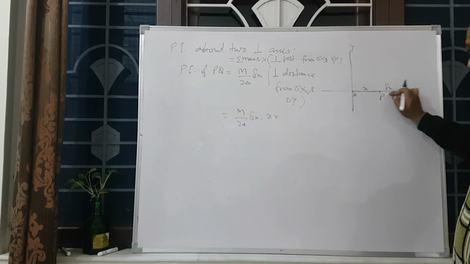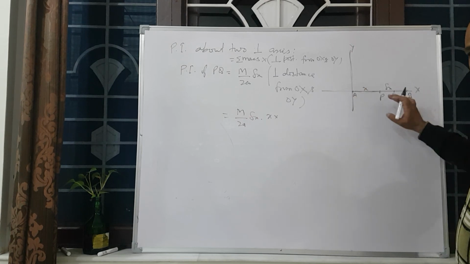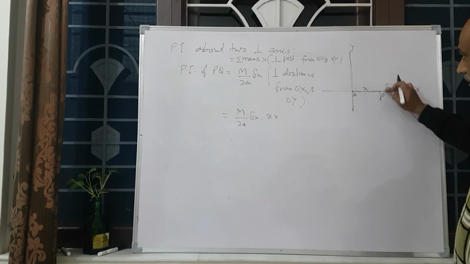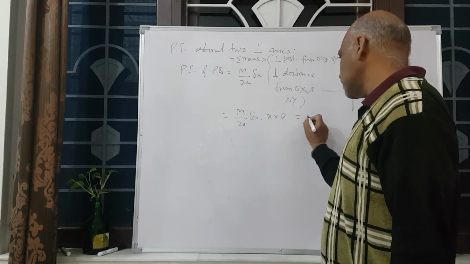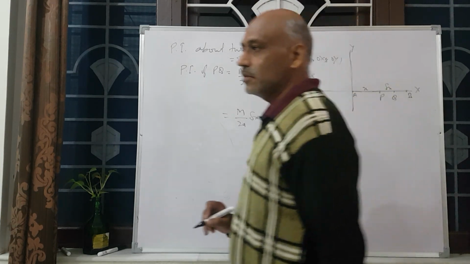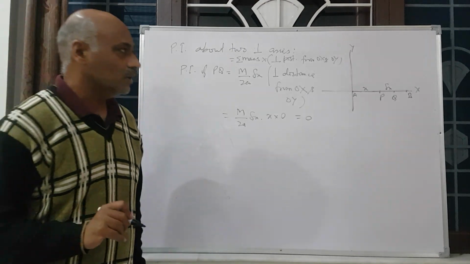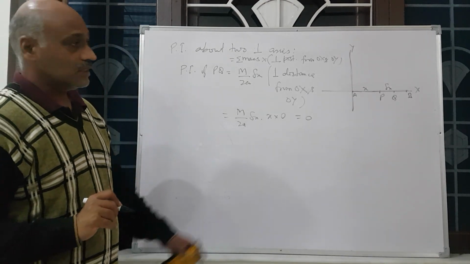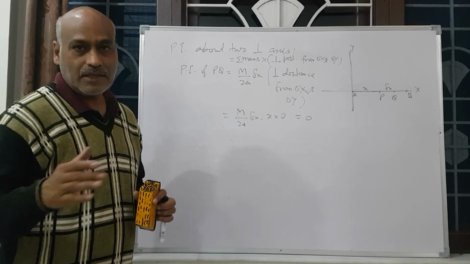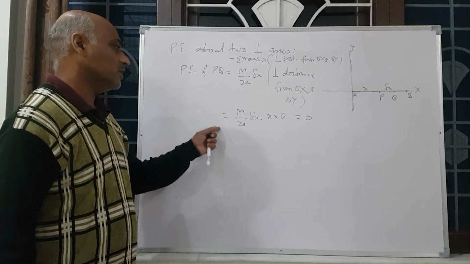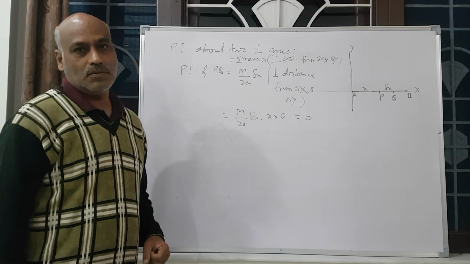This rod is considered as an axis, so the perpendicular distance here is 0. So the product of inertia of a rod about two perpendicular axes, where you consider the rod as an axis, should be 0.